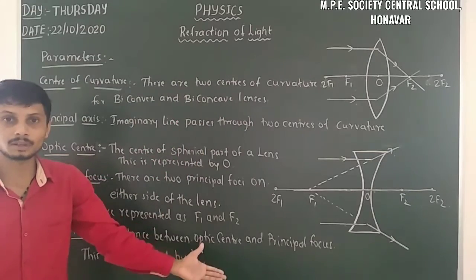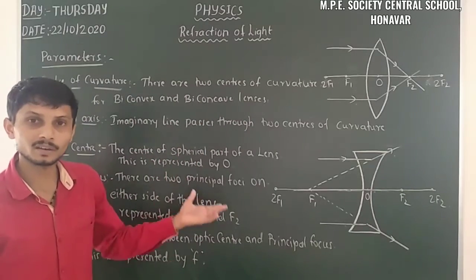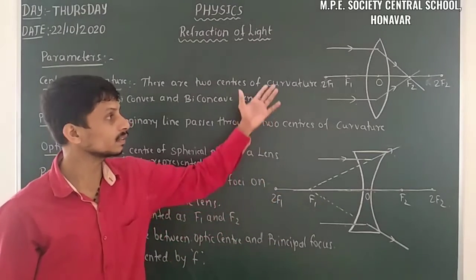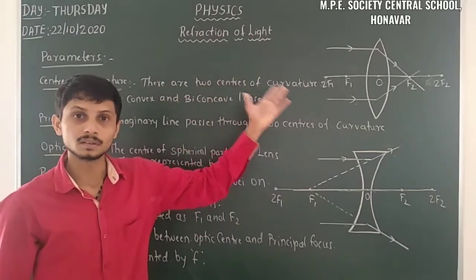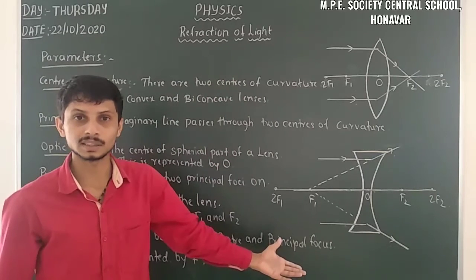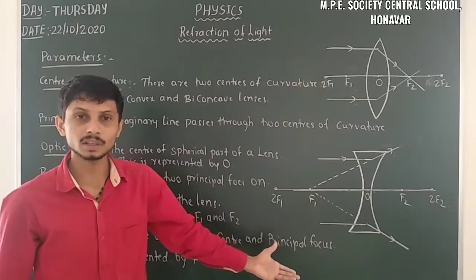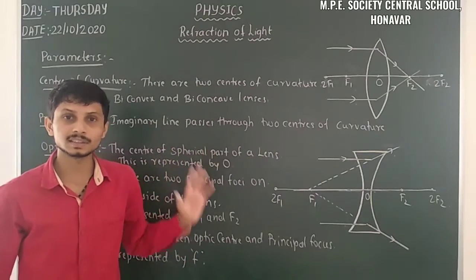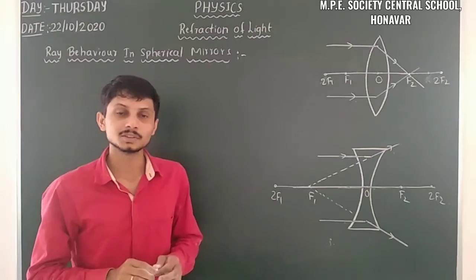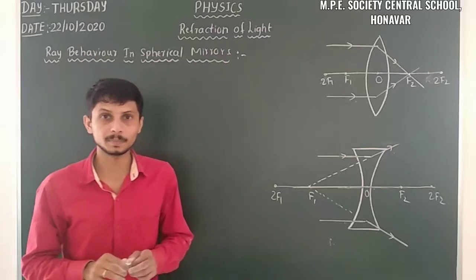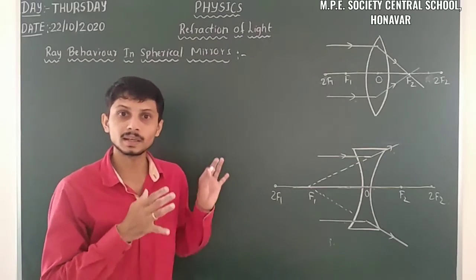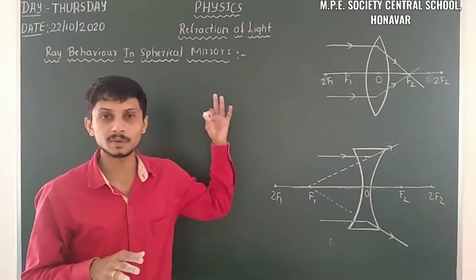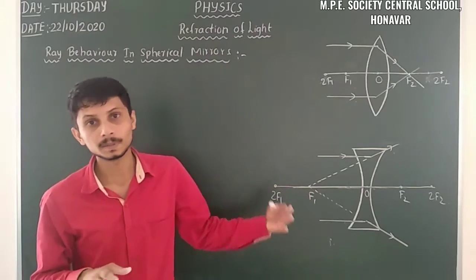Ray diagrams and ray behaviors represent the convex lens and the concave lens. So let us take some of the ray behaviors of convex and concave lenses. We have to know what happens when a ray of light passes parallel to the principal axis, and when a ray passes through the principal focus.